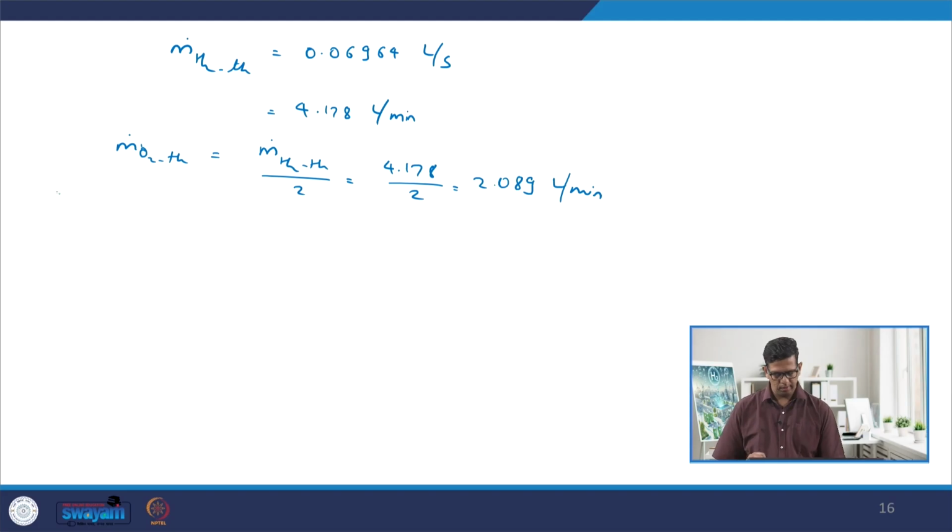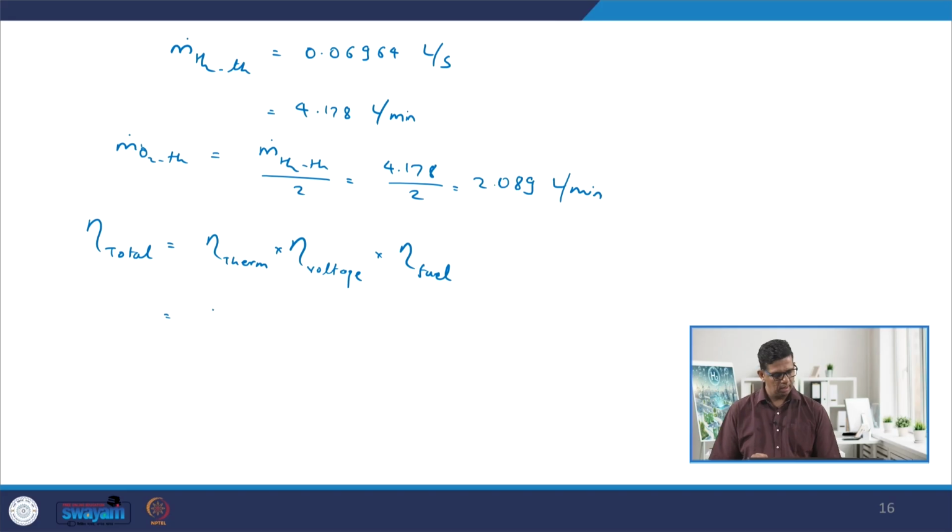For the first, total efficiency is basically thermodynamic efficiency into the voltage efficiency into the fuel efficiency, or I can even write it as, I can now substitute. So, thermodynamic efficiency is 83%.